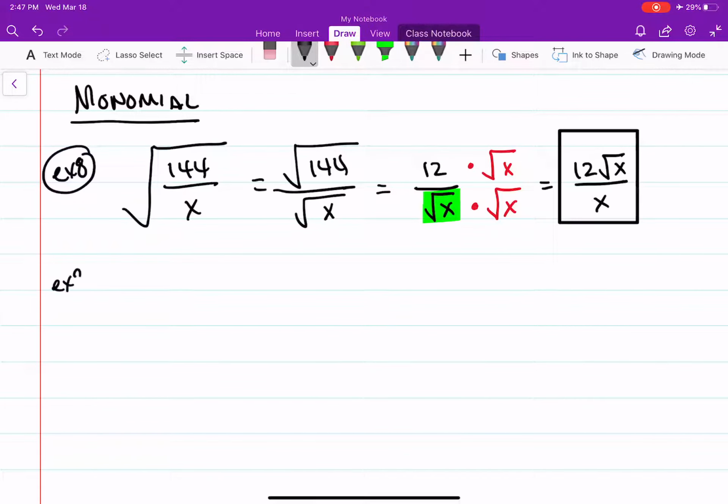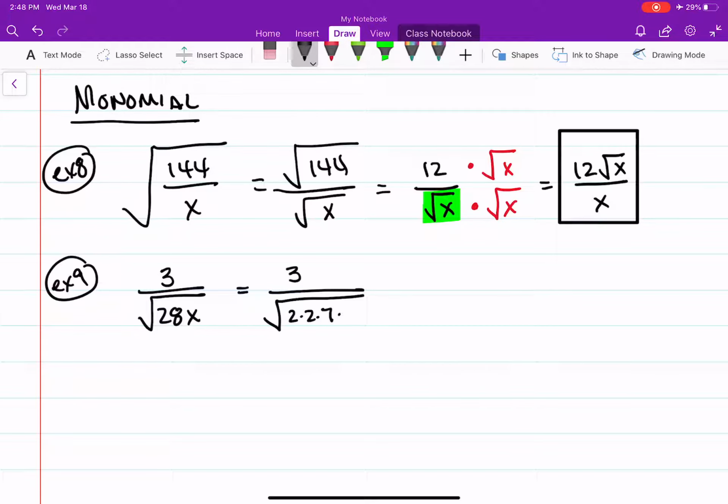All right, example 9. So let's try something a little different. Let's say I have 3 over the square root of 28x. Okay, so here's my suggestion. I would tell you to break this down first. 28 breaks down to 2 times 2 times 7 times x.